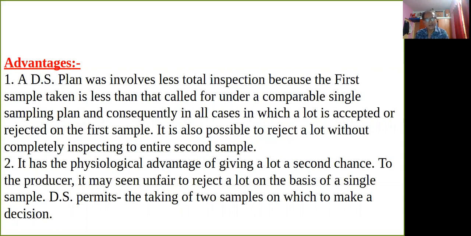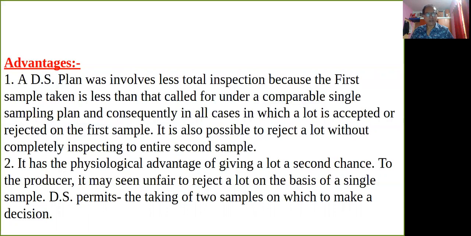It has a psychological advantage of giving the producers a second chance. It may seem unfair to reject a lot on the basis of a single sampling plan, so there is no meaning in just rejecting it by seeing only one sample.